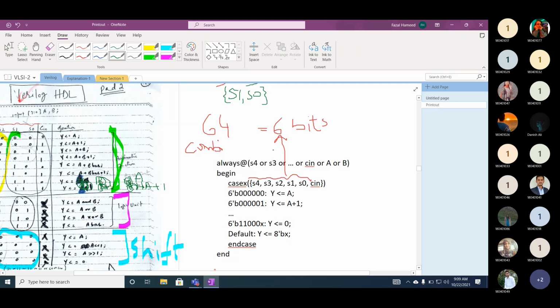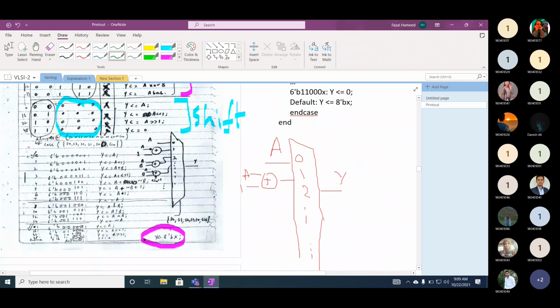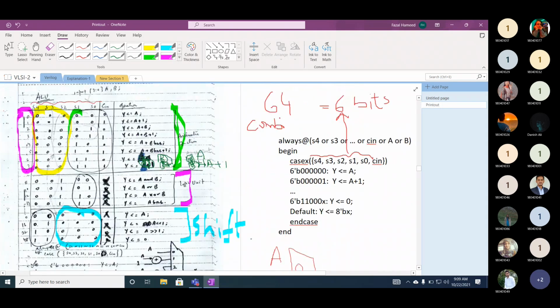Now in this logical out, which signals can you use? S1 and S0. For S1 and S0, what do you need? A multiplexer. So here you need a multiplexer.